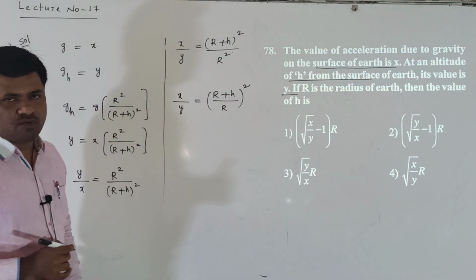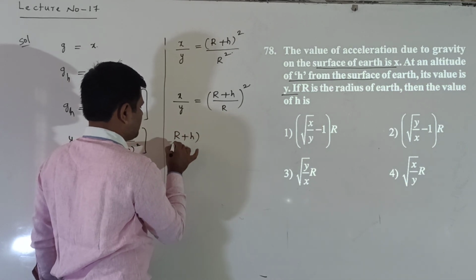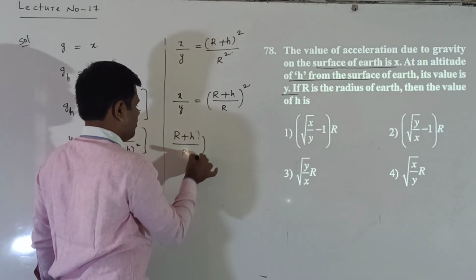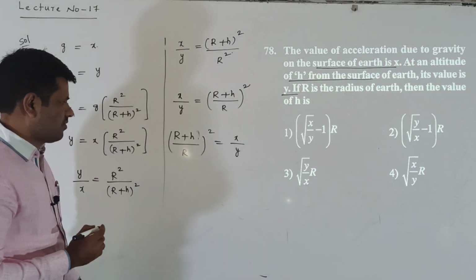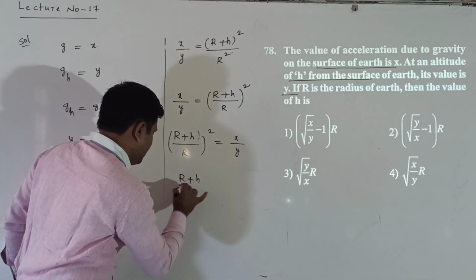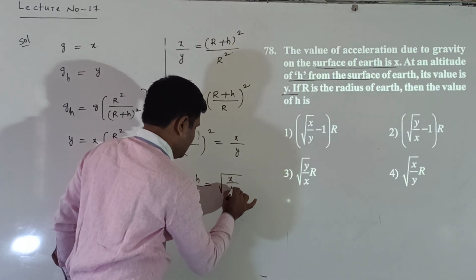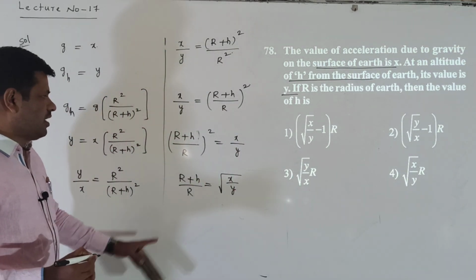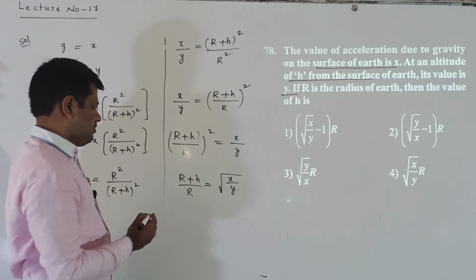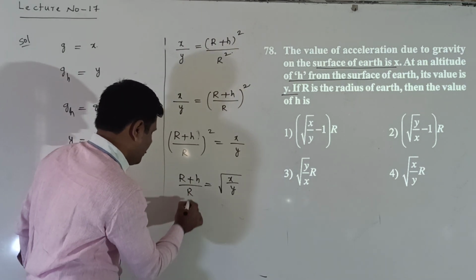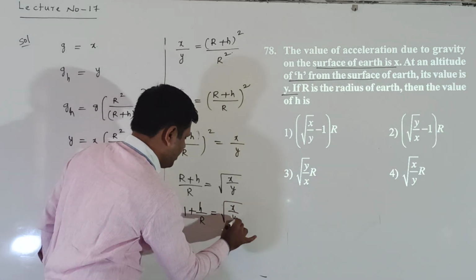This is taking into the same square. Now R plus h by R whole square is equal to x by y, interchanging. Now R plus h by R, taking the square here, this becomes under root of x by y, R whole power of 1 by 2. Now divide separately: R by R is 1, and h by R is equal to root x by y.